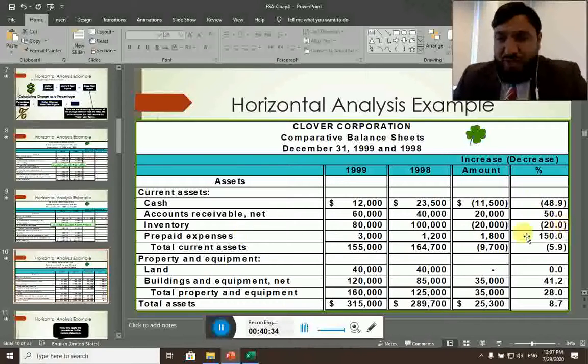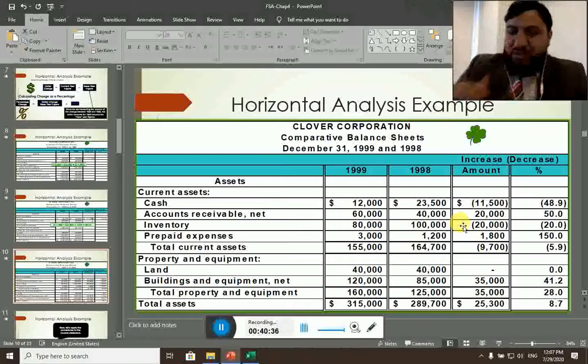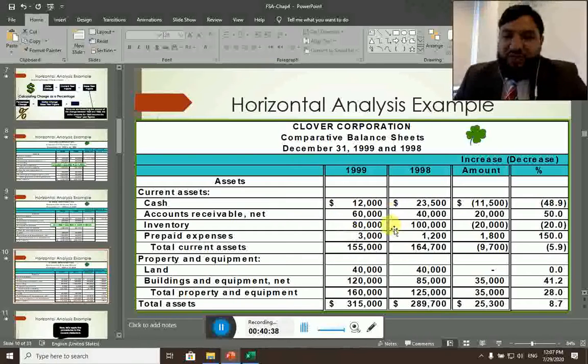Next, inventory. There is a decrease in the inventory, meaning we have sold inventory as compared to the previous year. We have more sales. The inventory has been sold more, but that was not a cash sale, but an accounts receivable, or credit sale. Next is prepaid expenses.